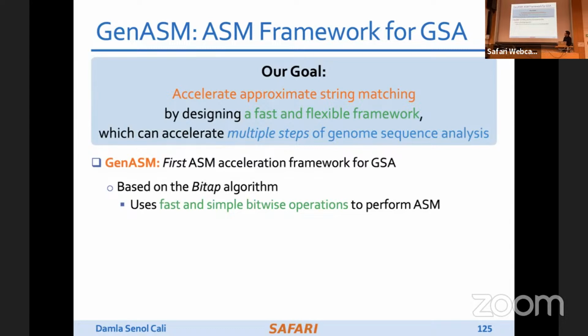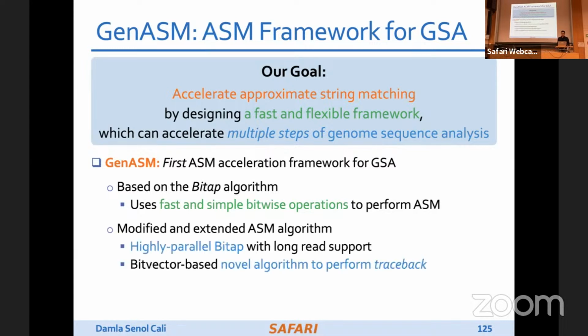It uses an approximate string matching algorithm called BiTAP, because it can perform this approximate string matching using simple and fast bitwise operations. So this is really suitable for simple, cheap hardware. But we don't stop there because BiTAP has limitations. So we modify the algorithm as well, so that we provide the support that we need for alignment.